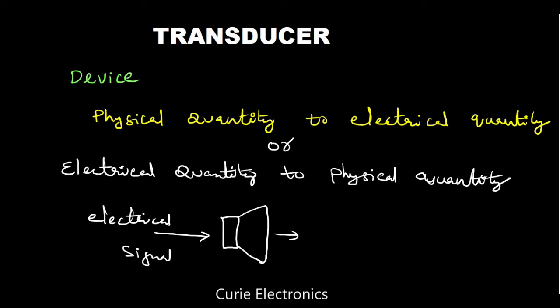Output is the sound waves. So, this is an example for electrical quantity to physical quantity. So, what is a transducer? Transducer is a device which converts a physical quantity to electrical quantity or electrical quantity to physical quantity.